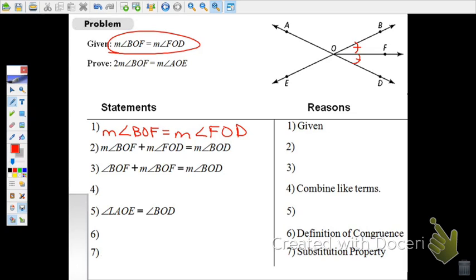Statement 2 says that the measure of angle BOF plus the measure of angle FOD is equal to the measure of angle BOD. How do I know that I can add those pieces together?